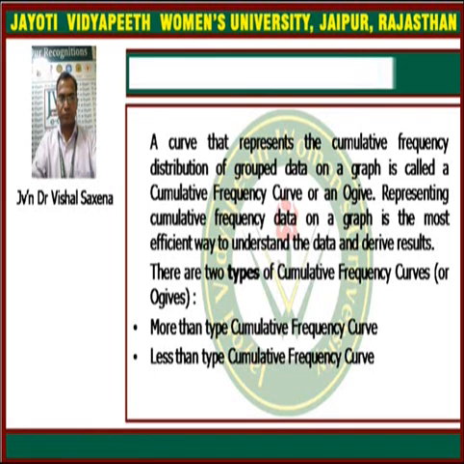Representing cumulative frequency data on a graph is the most efficient way to understand the data and derive results. This is a very important point, because we can understand the structure of data that way, and we can derive different results from it.